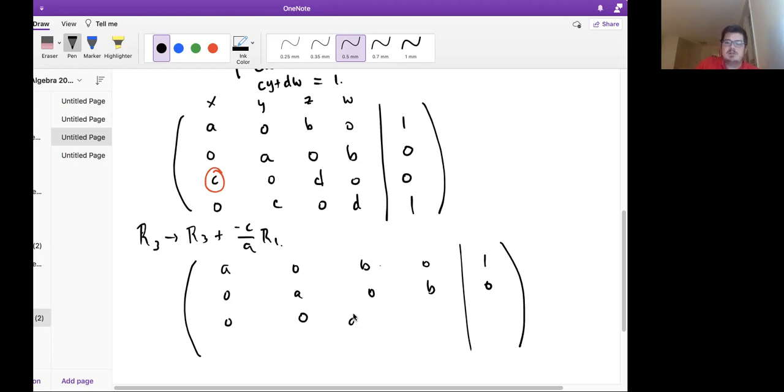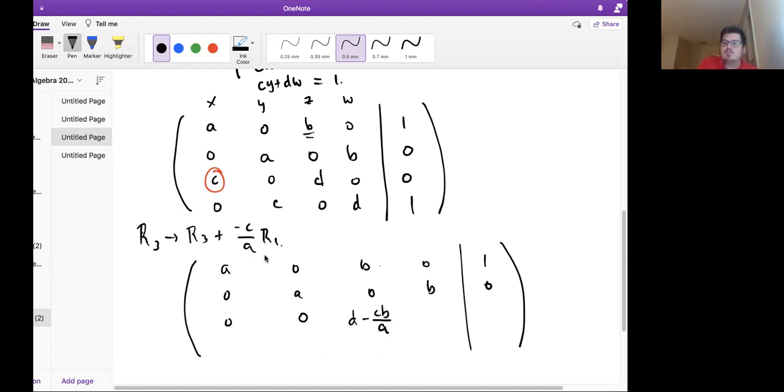So D minus, not C over A. What happens to that B? How does that B play a role? Minus CB over A. Yeah.